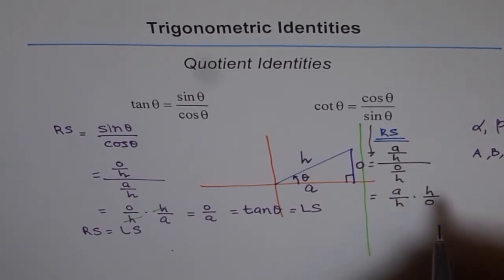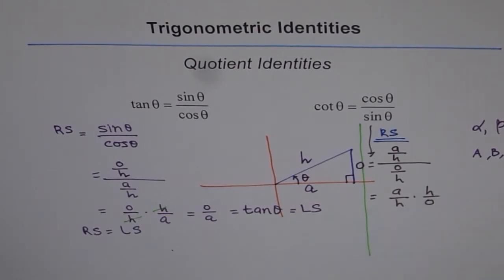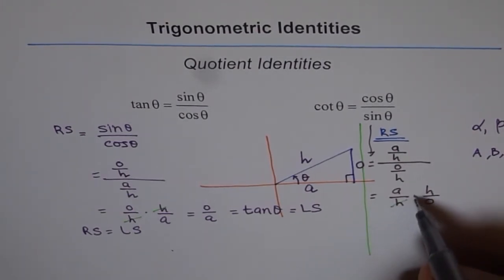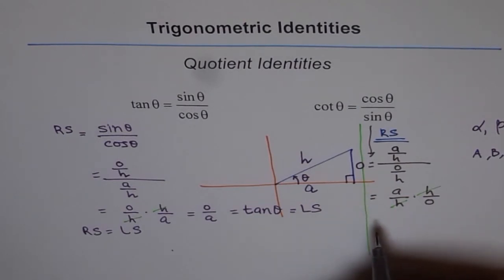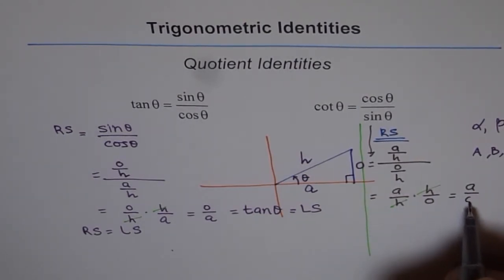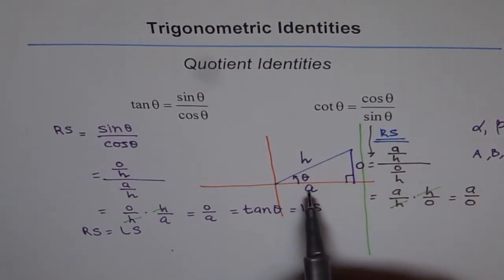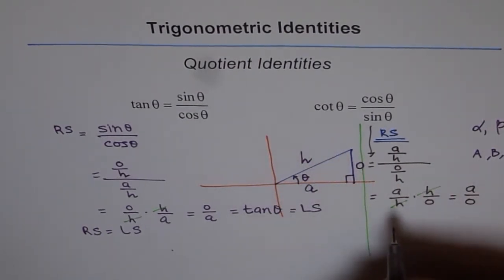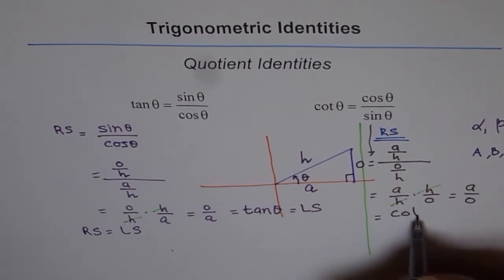H and H cancel out, and you're left with A over O, adjacent over opposite. Adjacent over opposite is cot theta, correct? So you're left with cot theta.